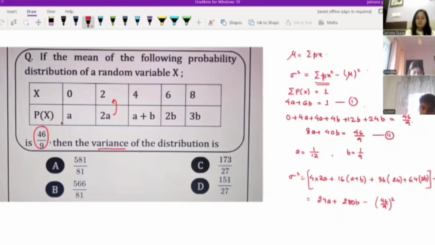So now put the value of a and b and calculate this one. So what is the answer you got? It's 566/81. Yeah, correct, 566/81 after substituting the value of a and b. Alright, we will move on to the next question now.